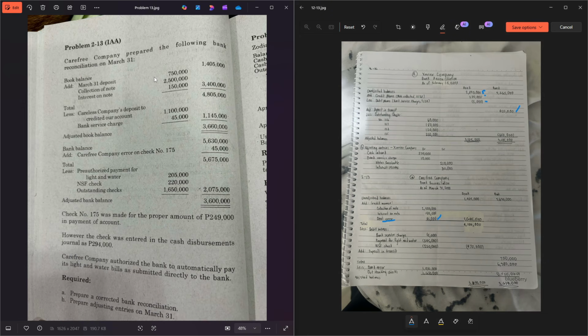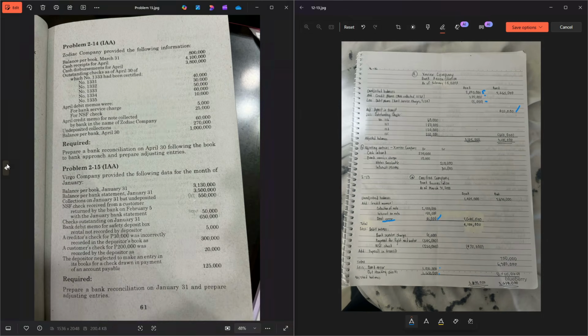Then outstanding checks of 1,650,000, and the bank error of 1,100,000. So that's a total of 2,750,000, which you will deduct from the previous total in order to get 3,630,000.